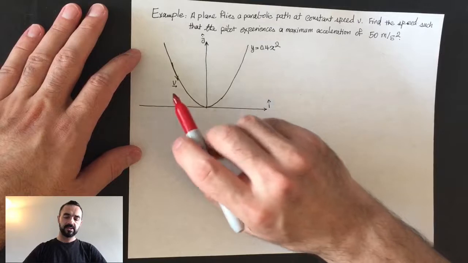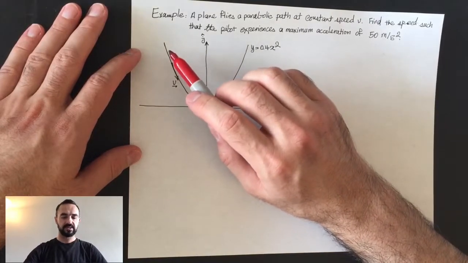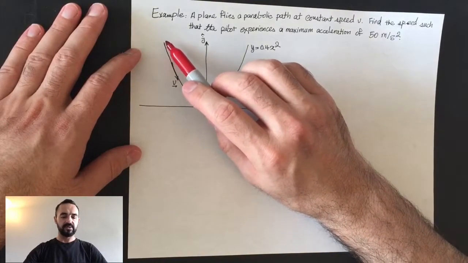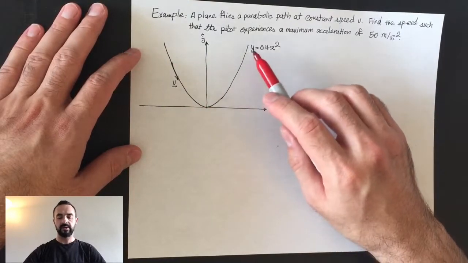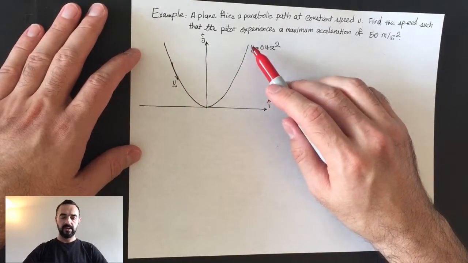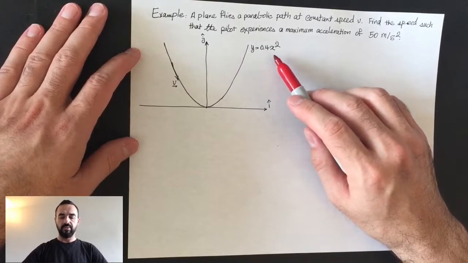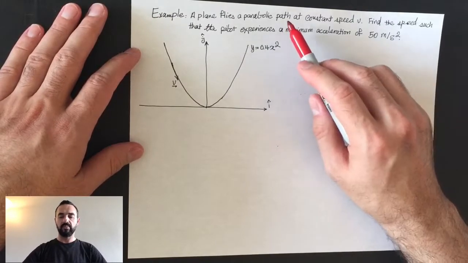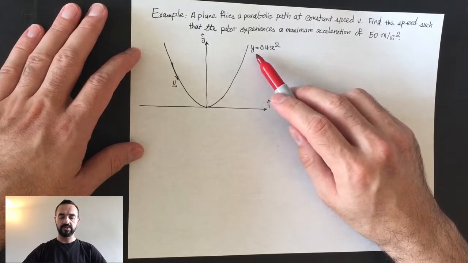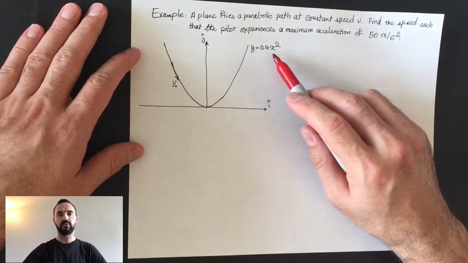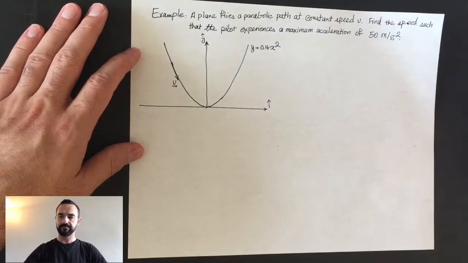So this plane flies over this path, starts from here, goes down, and then goes up. The curve, the parabolic path, is described with this equation: y is equal to 0.4 x squared.